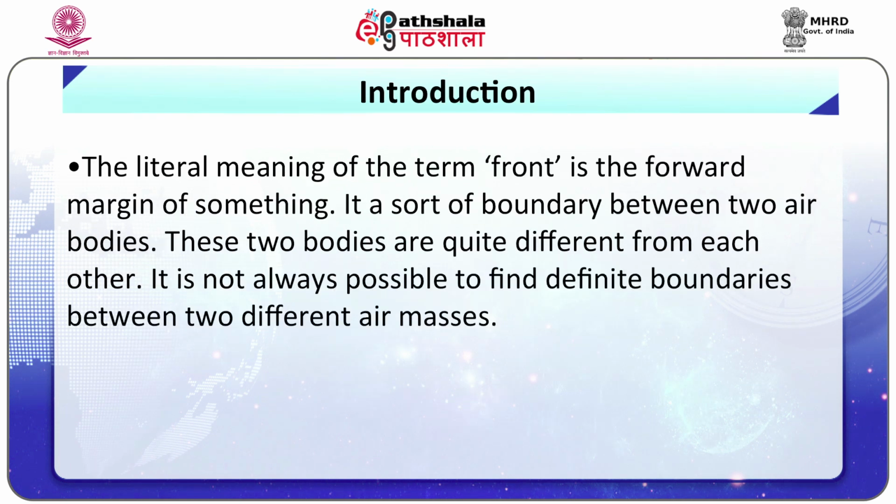Introduction. The literal meaning of the term front is the forward margin of something. It is a sort of boundary between two air bodies. These two bodies are quite different from each other. It is not always possible to find definite boundaries between two different air masses.